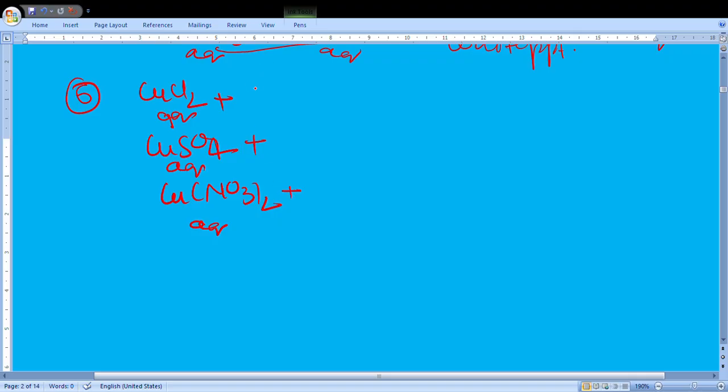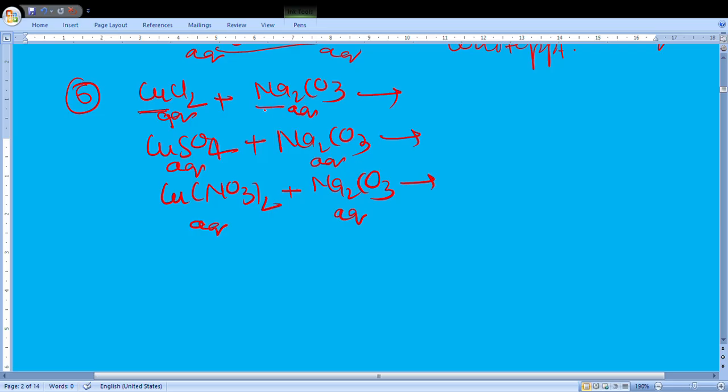So here we will take again Na2CO3. H2CO3 will not be taken because H2CO3 is unstable, and this compound Na2CO3, which is sodium carbonate, is stable to heat and also soluble in water. So mutual exchange of ions will take place.